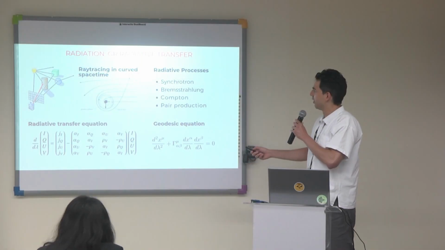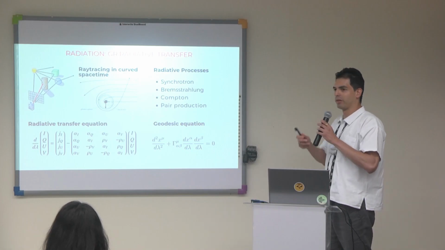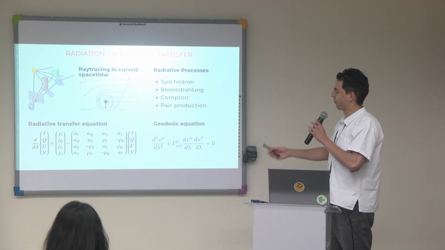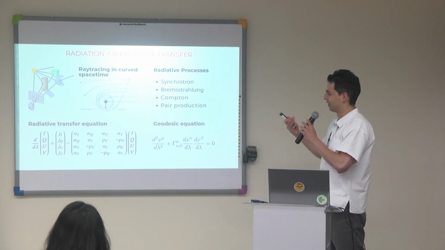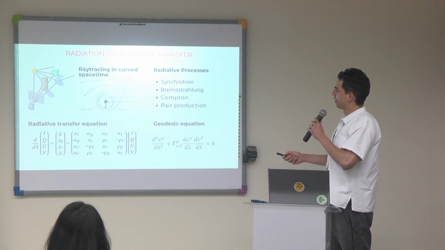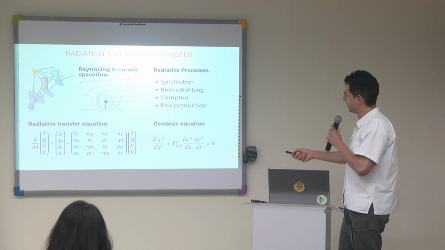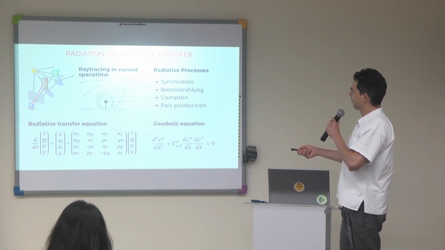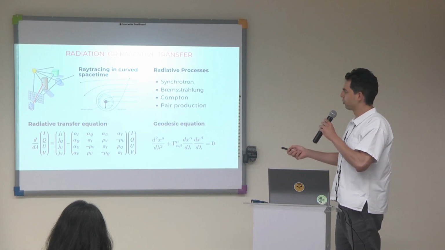So, the radiative transfer step consists of simulating the behavior of light from when it is emitted by the plasma, when it travels through the plasma, and when it follows the curved paths of space-time. So it consists of two parts, as we saw in the previous lecture. On one hand, we have to solve the geodesic equation to find what are the paths that light will follow.